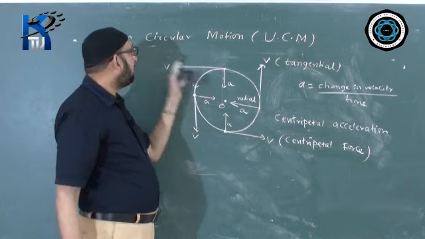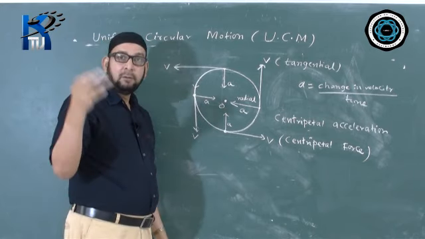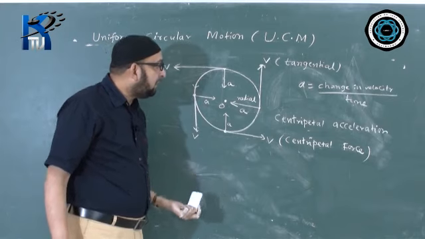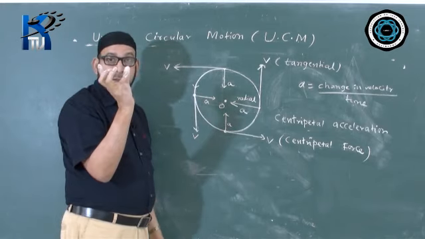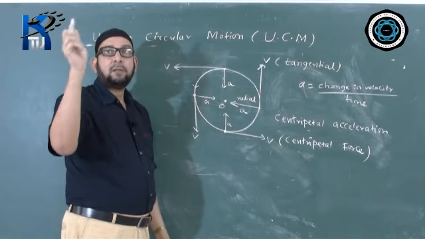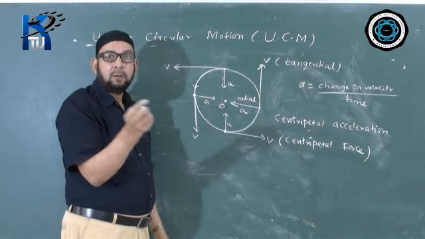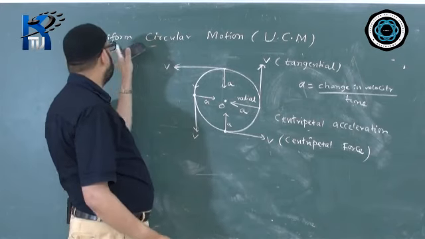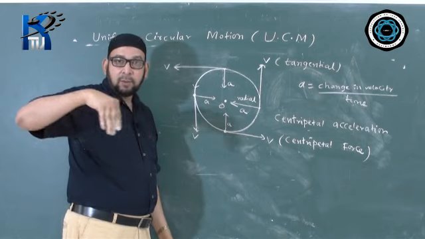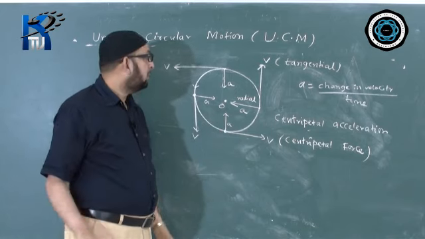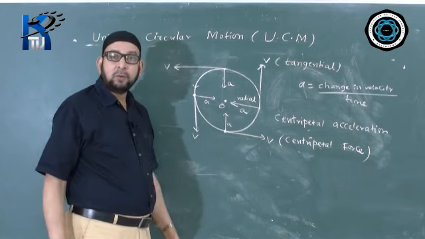We have many examples of uniform circular motion in our daily life. Planets are revolving around the sun with constant speed throughout, and that is an example of uniform circular motion. Satellites revolving around the planet is also an example of uniform circular motion.